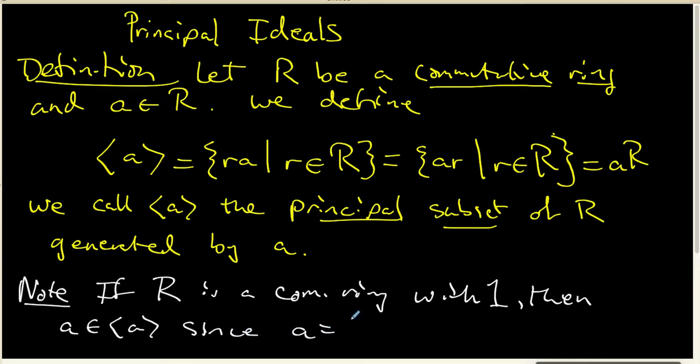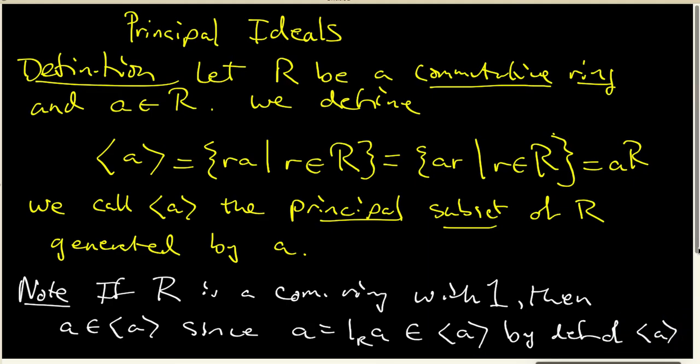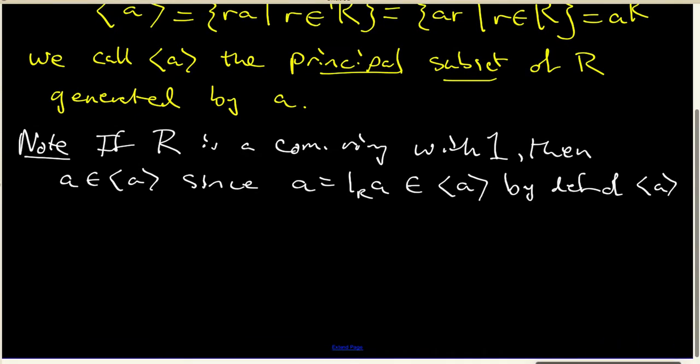A is going to be equal to 1 times A, and 1 times A is going to be inside the principal subset generated by A by the definition of principal subset. What happens when the ring does not have a multiplicative identity varies. So let's look at that for just a few minutes.